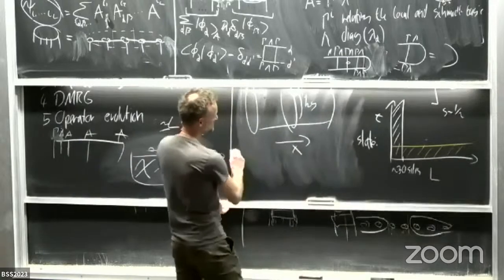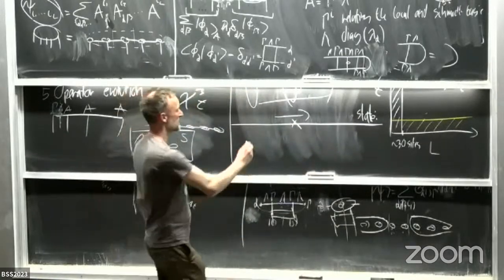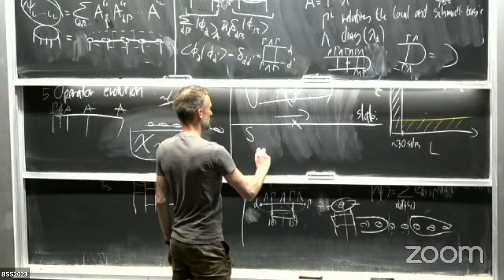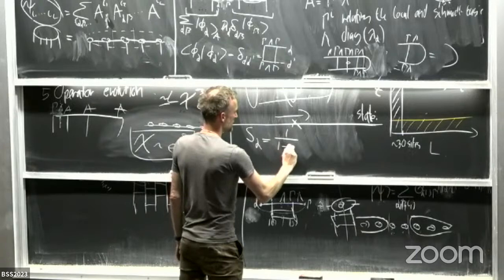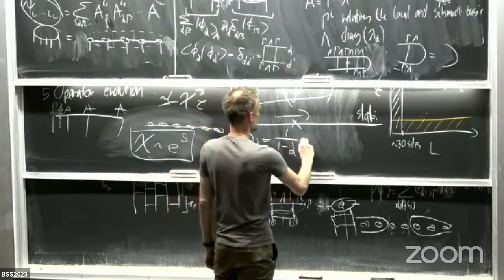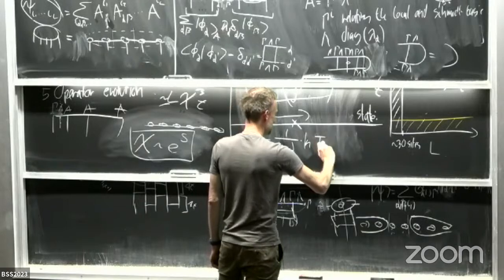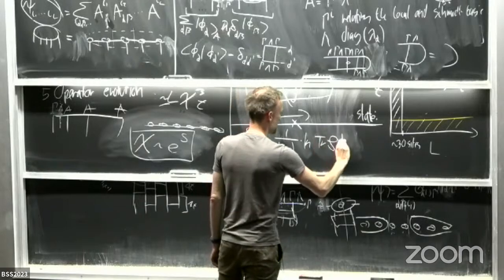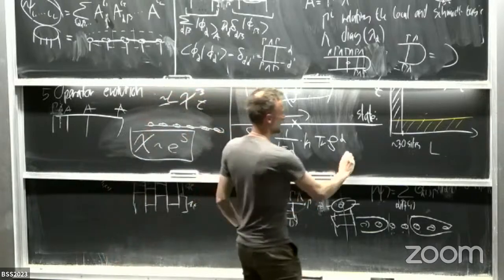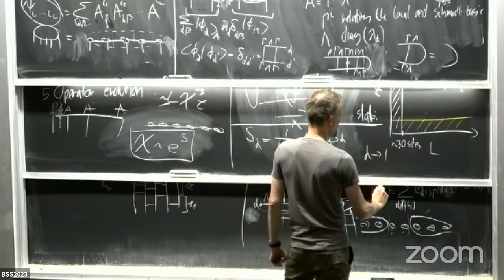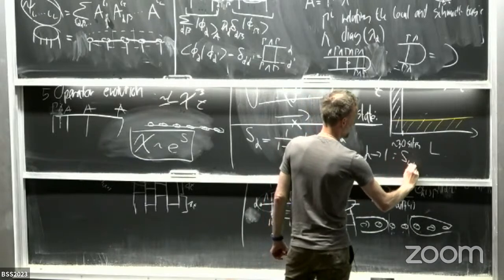The statement is that I was talking about the von Neumann entropy, but more generally, it could be Renyi entropies like S_alpha, which is 1 divided by 1 minus alpha times the logarithm of the trace of rho to the power of alpha. And if you let alpha go to 1, you recover the von Neumann entropy.